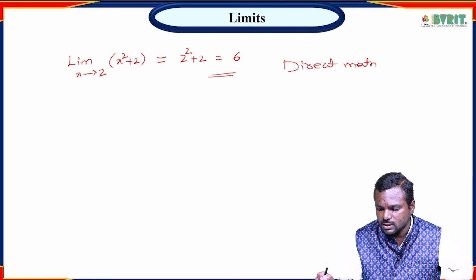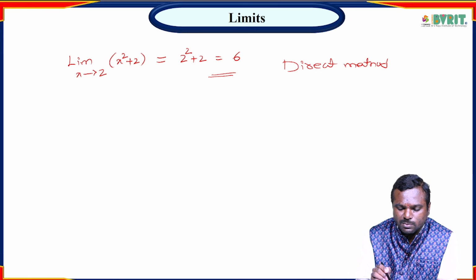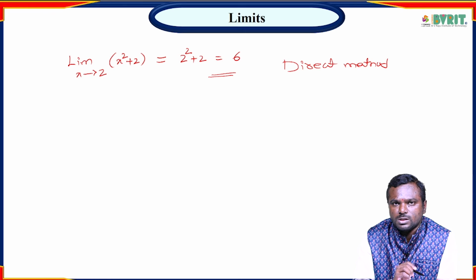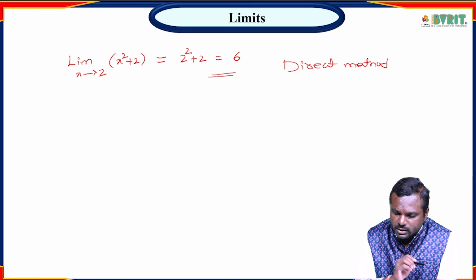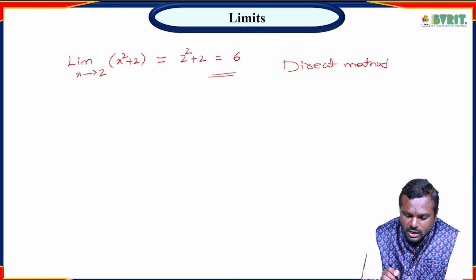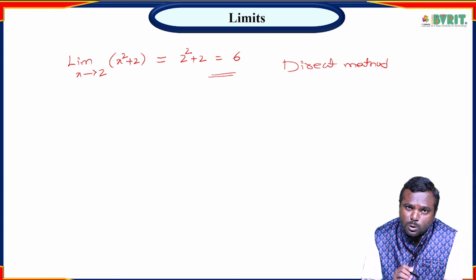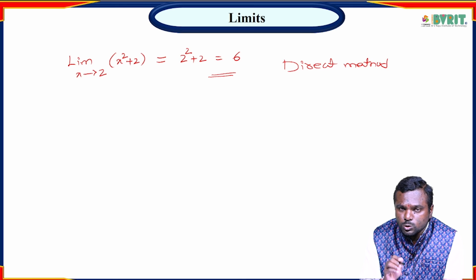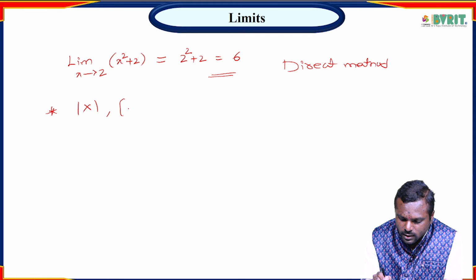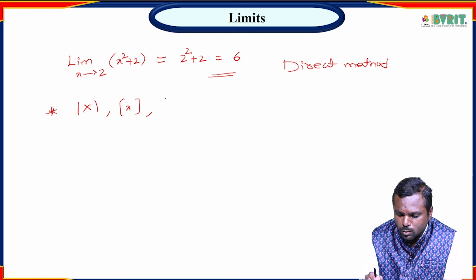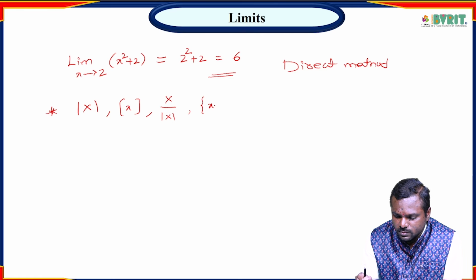In the place of x, substitute 2, then 2 square plus 2 is equal to 6. The limit value is 6. The earlier method, with h tends to 0 plus and h tends to 0 minus, is useful exclusively for problems like mod x, greatest integer of x, mod x by x, fractional part of x, and so on.